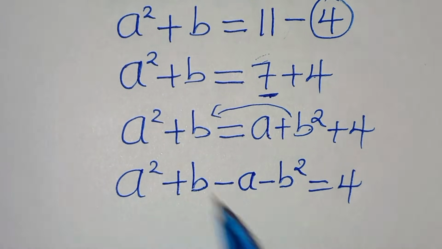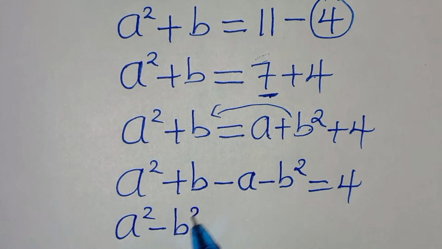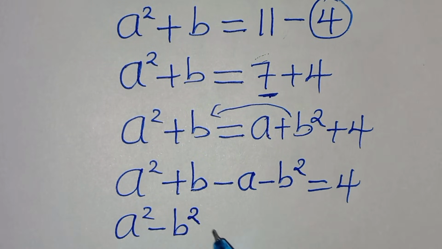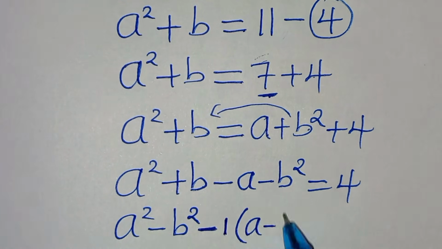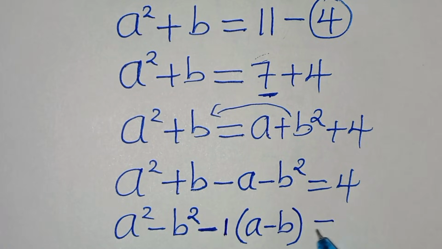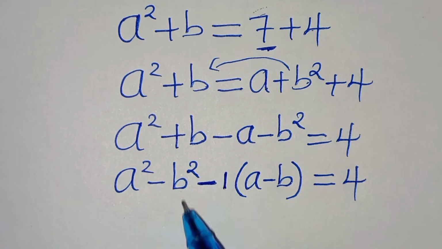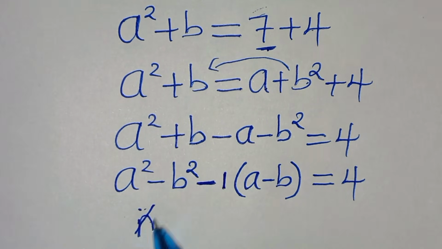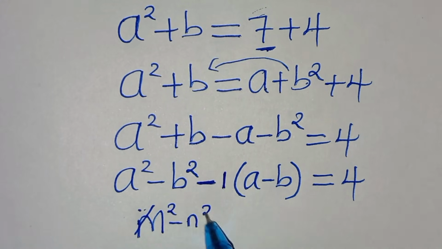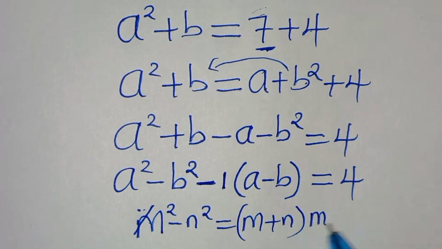Now we have a squared here and minus b squared, so this is a squared minus b raised to the power of 2. Then we have minus, which we can express as minus 1 into the parentheses, a minus b, close the parentheses, this is equal to 4. The next step is that a squared minus b squared is actually the difference of two perfect squares, expressed as m squared minus n squared, which can be expressed as m plus n multiplied by m minus n.